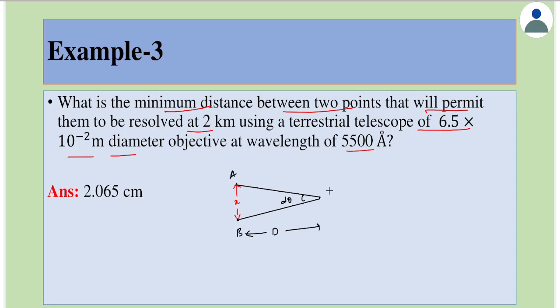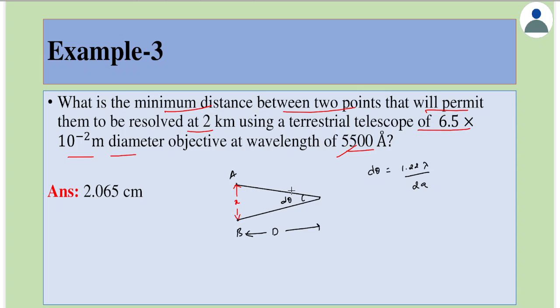And we know that if you have a telescope or objective here, then the limit of resolution is given as 1.22 lambda by 2a. Now here lambda is given as 5500 angstrom, and the telescope diameter is given here: a terrestrial telescope of 6.5 into 10 power minus 2 diameter objective.